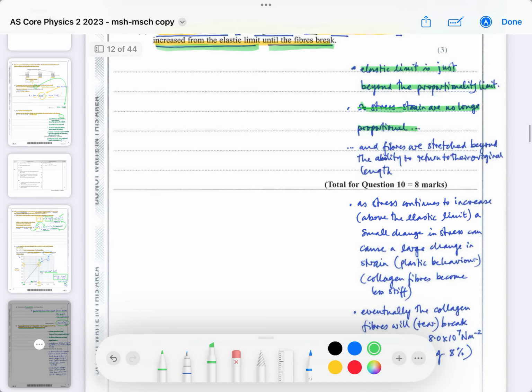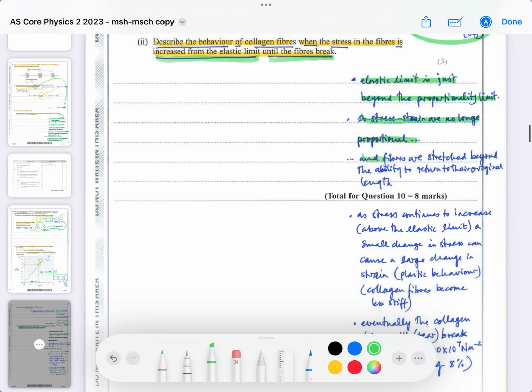And the fibers beyond the elastic limit are stretched beyond their ability to return to their original length. In other words, they have reached the plastic behavior phase. They behave plastically.